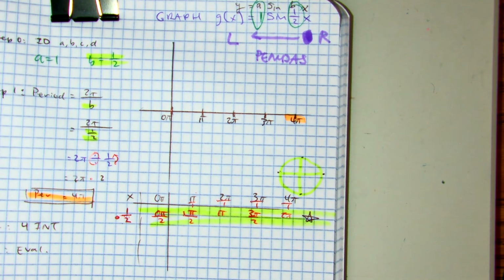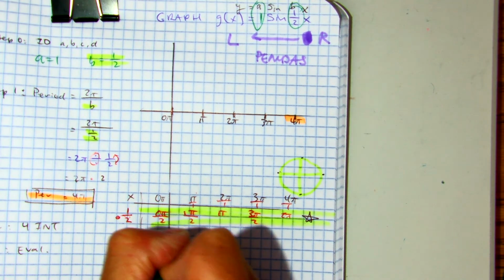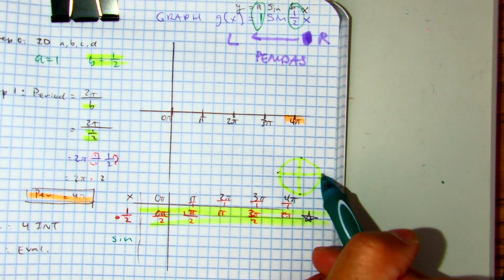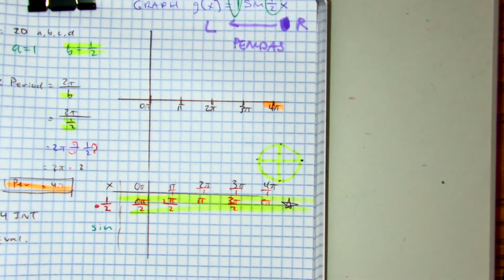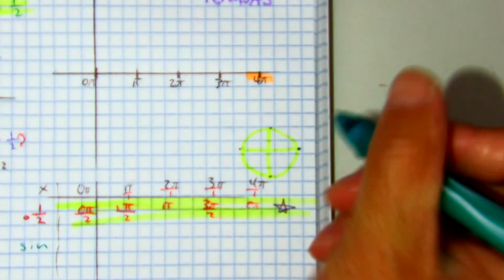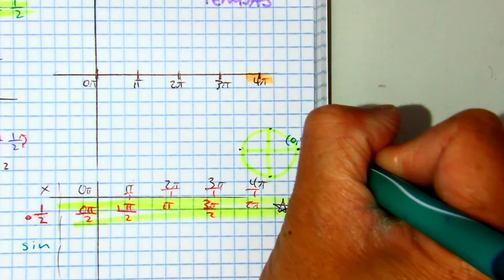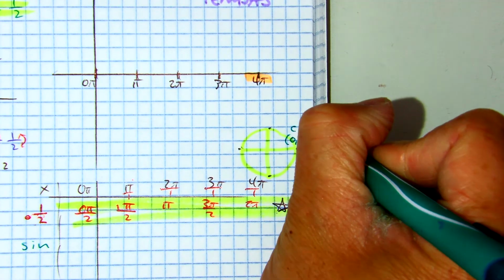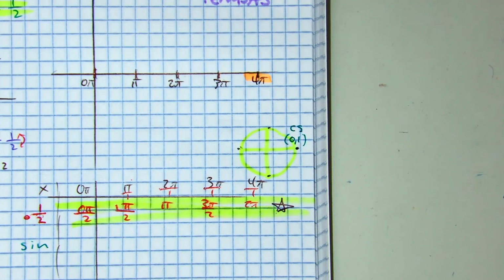Sine at 0 pi over 2, what's the ordered pair, class? 0, 1, and that's cosine, sine. Is that right, class?